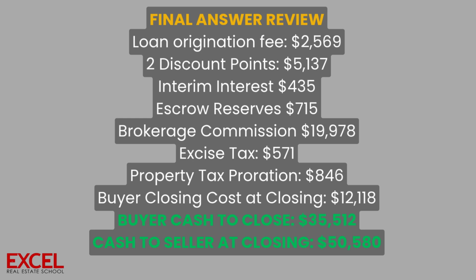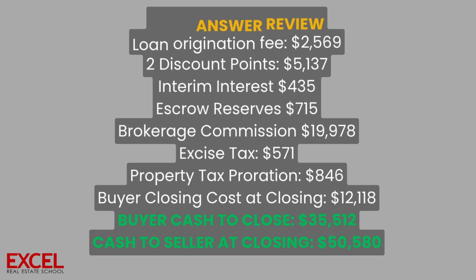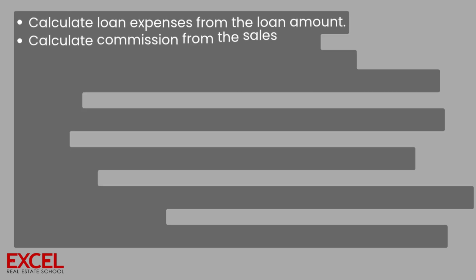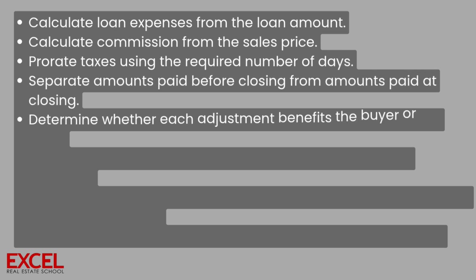Property tax proration, $846. Buyer closing cost at closing, $12,118. Buyer's cash to close, $35,512, and then cash to seller at closing, $50,580. Y'all, the key to solving a closing disclosure problem is organization.